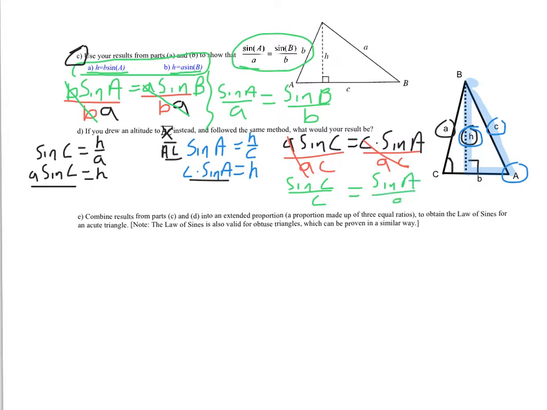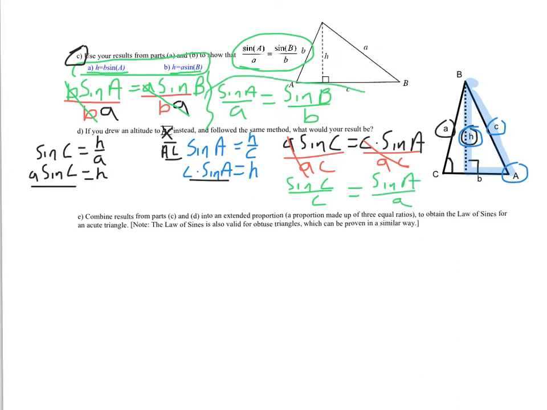So I have A times the sine of angle C equaling C times the sine of angle A. I'm going to divide both sides by A and C. These cancel, and we are left with the sine of angle C over C equaling the sine of angle A over side A.